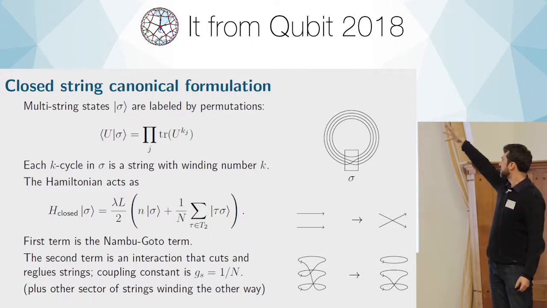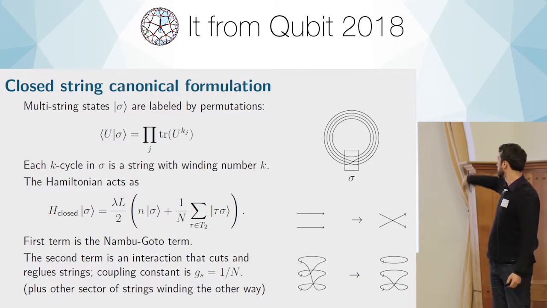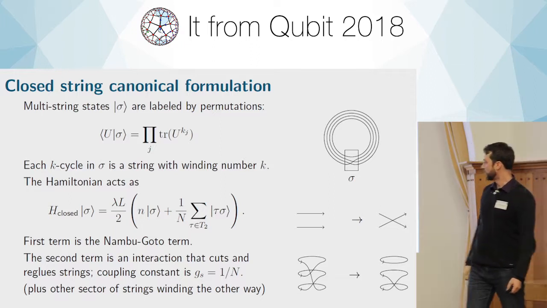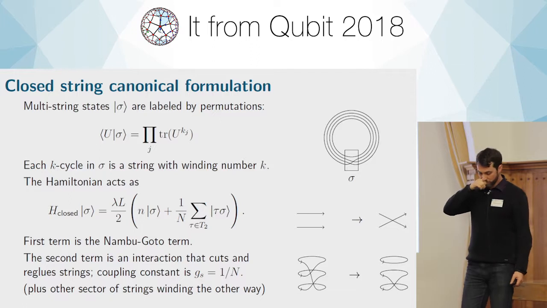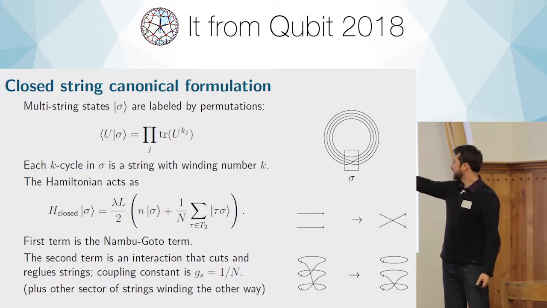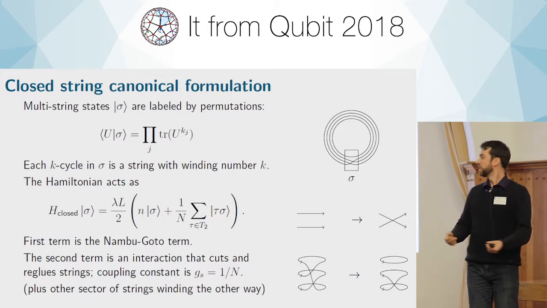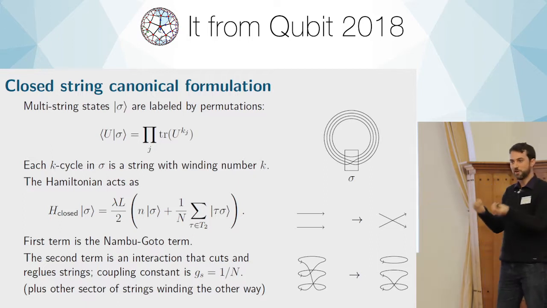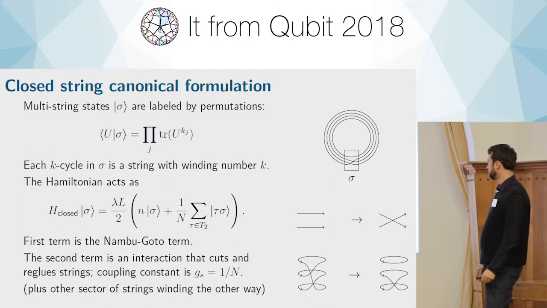So we take the strings around, and then at some point we act with a permutation, and they keep on going, so that each cycle of the permutation represents a winding number of one of these strings. Our Hamiltonian has two terms. The first one is proportional to n, the number of strings, and their length, and the tension. This is just the Nambu-Goto energy of a string, tension times length.